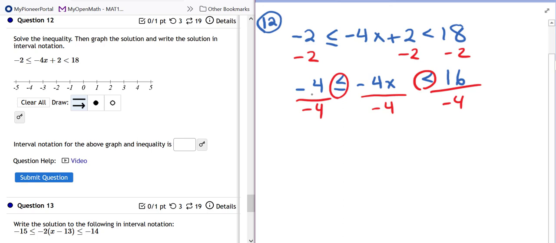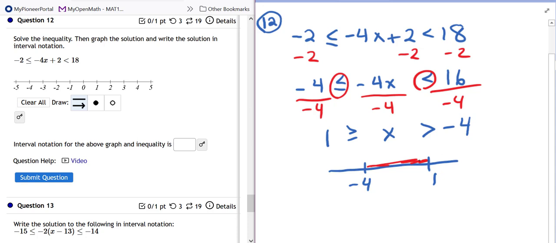Right, now we'll rewrite. This will give us a positive 1 greater than or equal to x, which is greater than a negative 4. When you do your number line graph, you need to go in numerical order. So when you draw this, you need negative 4 to be first, and then 1, and x is between.